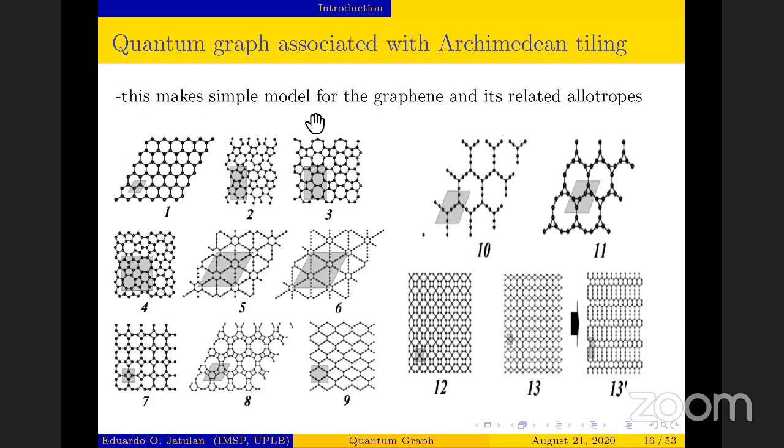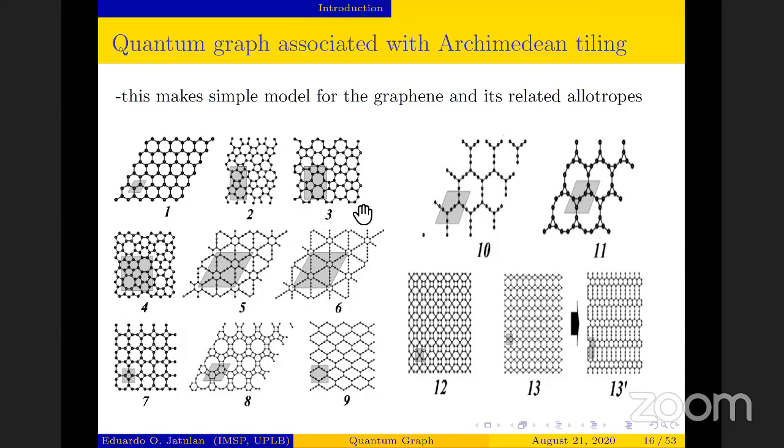What motivates us to study this quantum graph is that it serves as a simple model for graphene and its related allotropes. Of course, the assumption for us to approximate the band and gap structure of graphene and its related allotropes is that the particle is spinless and moves along this metric graph. So this is the structure of graphene and other related allotropes.